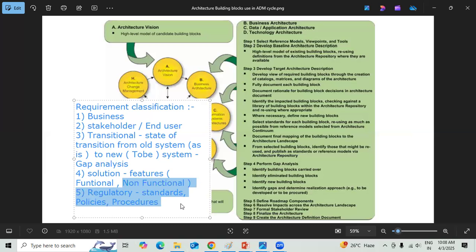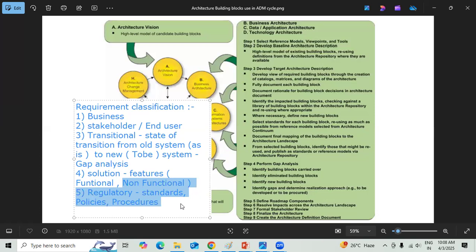They follow different standards, either at the administrative level or based on the kind of systems and applications they use. So they have their own standards to follow.